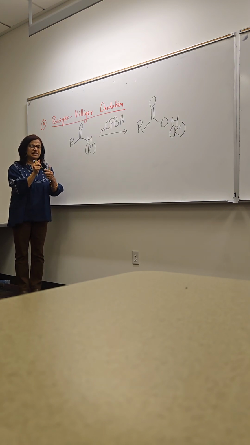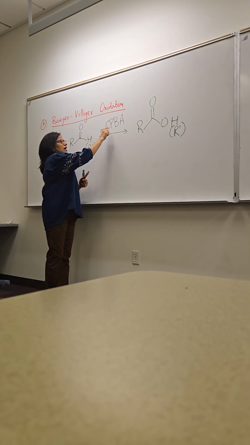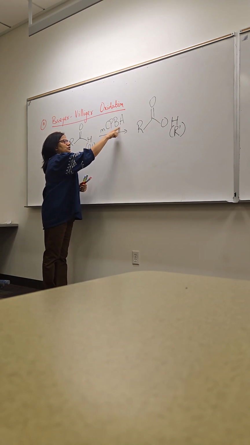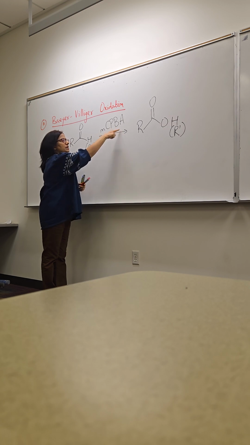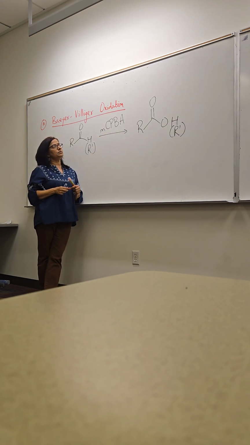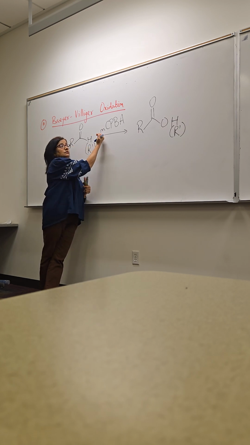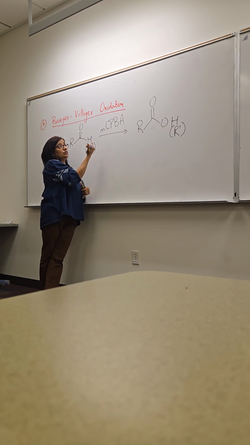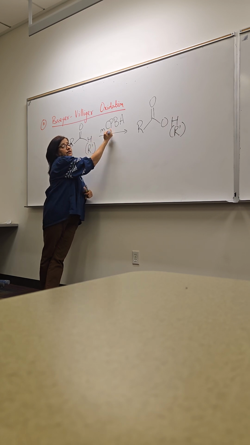Do you guys remember what category of compounds MCPBA is? What kind of compound is MCPBA? What does it stand for? A benzoic acid, not quite. What does M stand for? Meta.